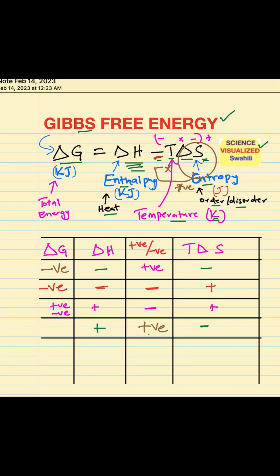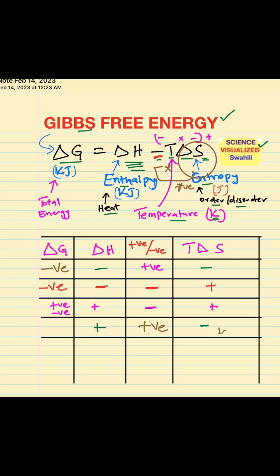If the negative is large, then you end up with negative change in Gibbs free energy. If the negative value is smaller, so you end up with something, say 4 plus minus 3, then that becomes plus 1, so it ends up being a positive. So it depends on what the value of T delta S is.